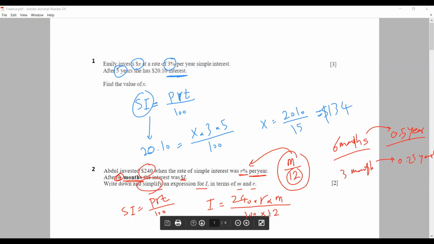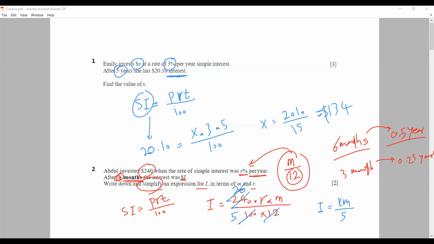So what happens is I can cancel this with this, so I'm left with 20, right? And then this with this, that gives me 5. So the answer is I is equal to RM over 5, right? As simple as that. So just the conversion was a little bit challenging.